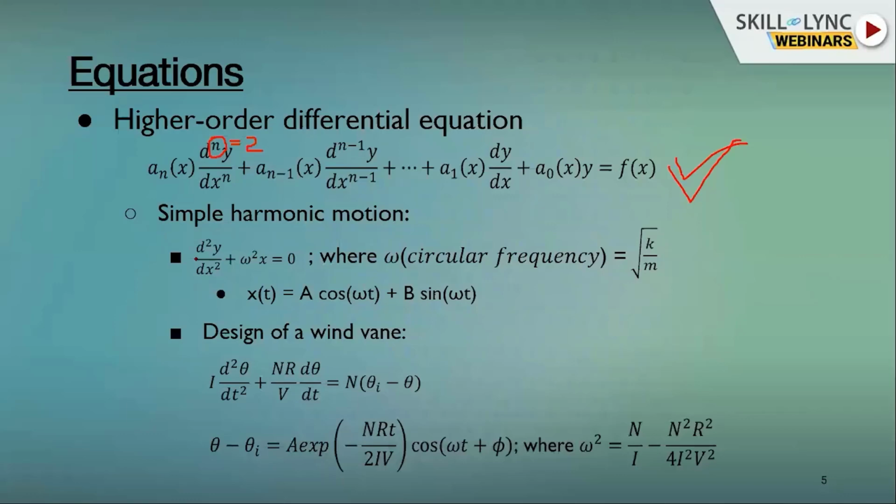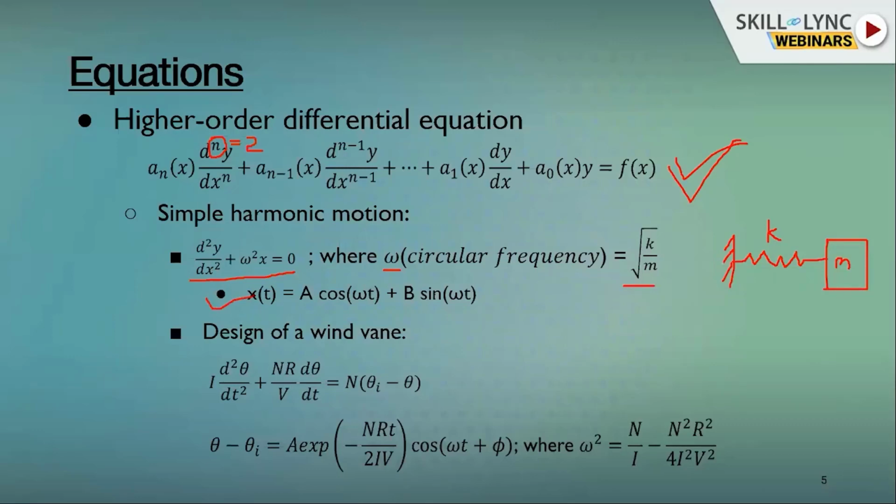If you simply write simple harmonic motion, it becomes d square y by dx square plus omega square x equals 0. Omega is a frequency, which is the square root of k by m. Here we have a wall and a spring with some mass m, and the spring has a constant k. If I want to understand with what amplitude it will vibrate, I solve this and I will get this.